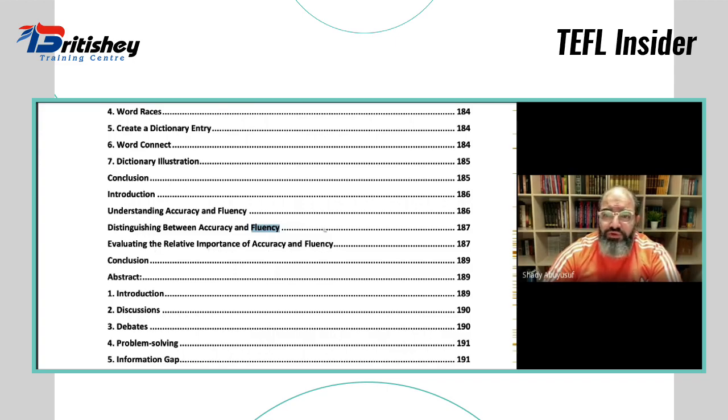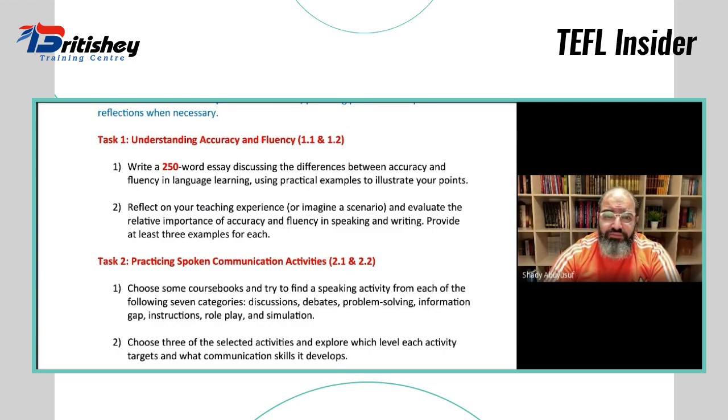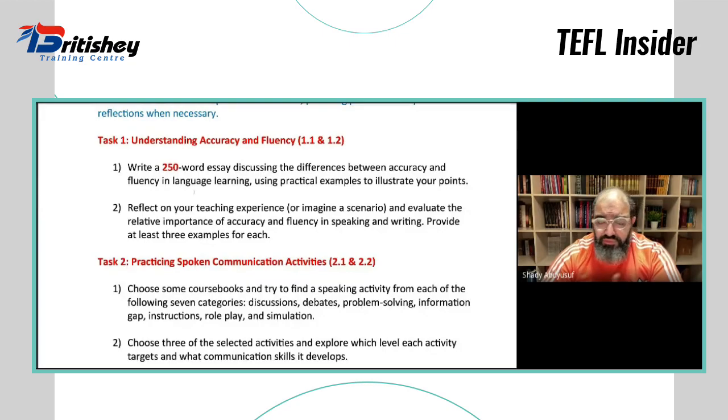So you've got a wonderful article here that you can also use when answering this part of your assignment, plus the references available for you as well. So we talked about part 1 of the assignment, which is writing 250 words on accuracy and fluency.